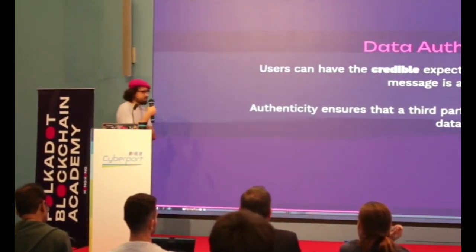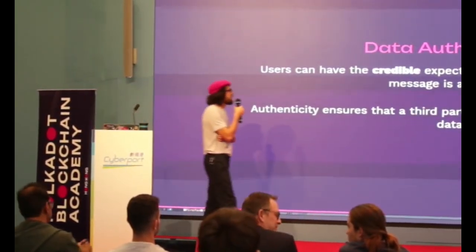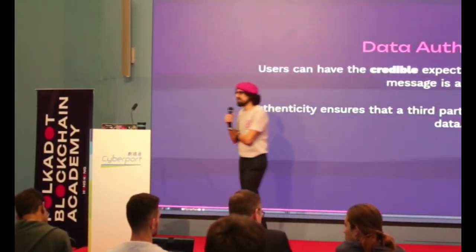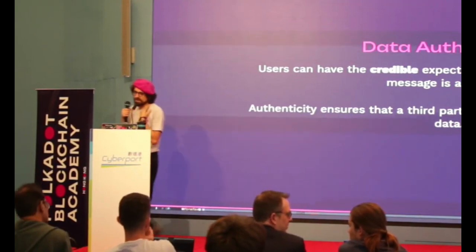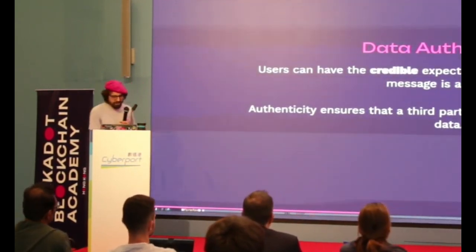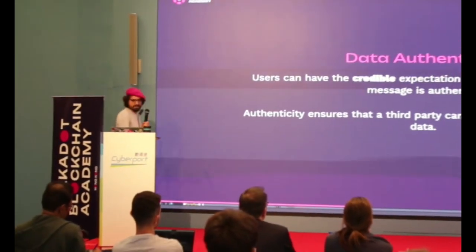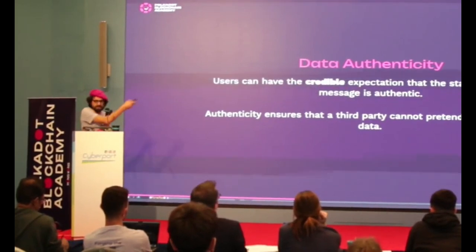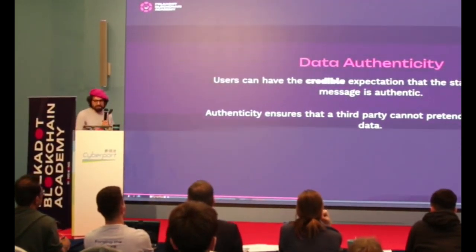This is done by digital signatures mostly, and we are going to talk about it. They are hard to forge, but easy to verify. I will go into more detail about digital signatures, and then we explain this further.